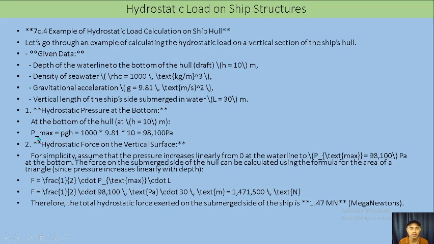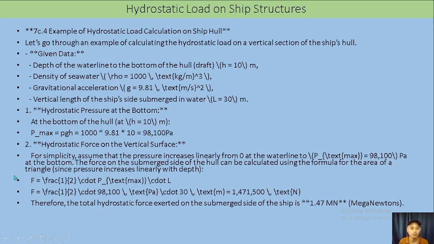So using that given, you will have to compute Pmax is equal to ρgh, which is 1025 times 9.81 times 10 meter, which is the depth of the water to the bottom of the hull. This will be rechecked, because we are using 1025, so the answer will change.